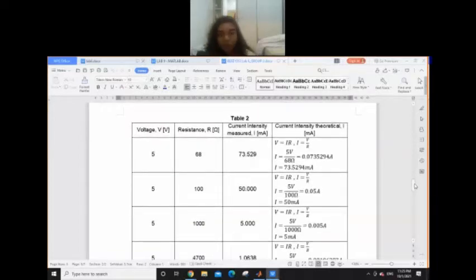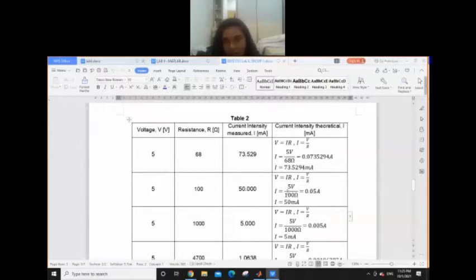While table 2 is where the voltage is the same for everything, but the resistance is different. So as with table 1, we should get the same value using the formula and using the simulation. As you see here, we got the same values for the formula and the simulation.